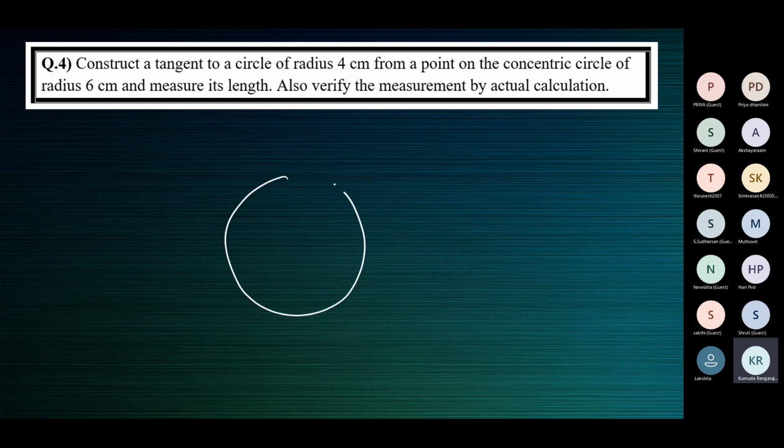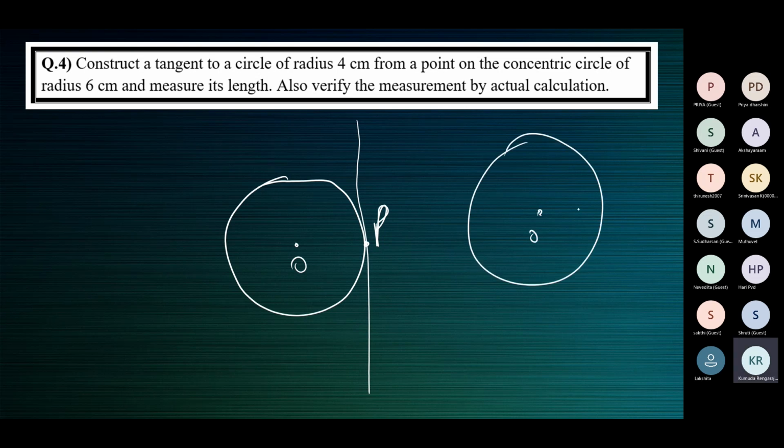Now you have a circle and they say take a point P on the circle and construct a tangent at P. Supposing they said draw a circle of some radius, okay. And they say take a point P on the circle, okay, took a point P on the circle. And they say draw the tangent passing through P or at P. For that, what should you do?